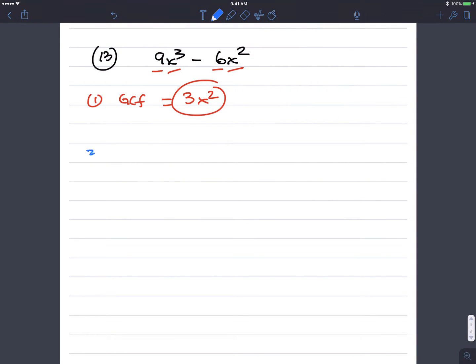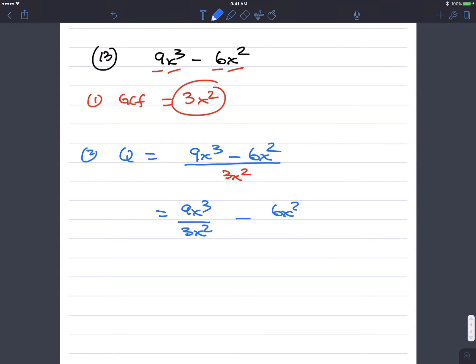Second step. Let's find the quotient. Take the original question. 9x cubed minus 6x squared. Divide by the GCF of 3x squared. 9x cubed divided by 3x squared minus 6x squared over 3x squared. 9 divided by 3 is 3. What's x cubed divided by x squared?